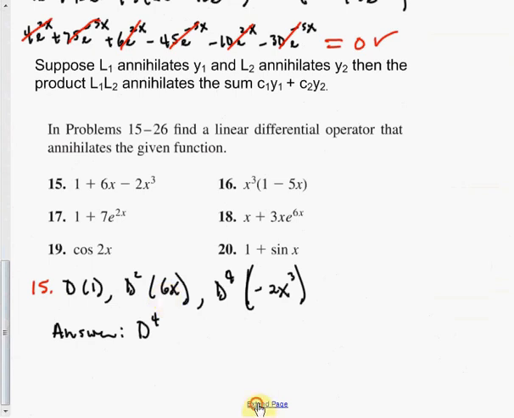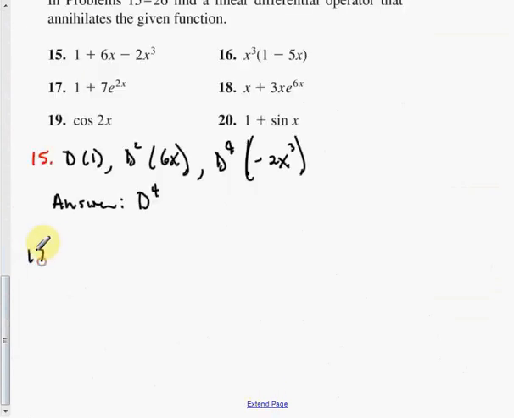Now look at 17. So d will annihilate the 1, we get 0. And then d minus 2 would annihilate that 7e to the 2x. That'll give us 0.